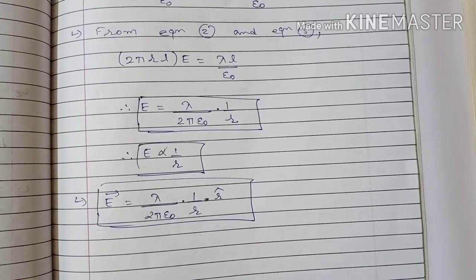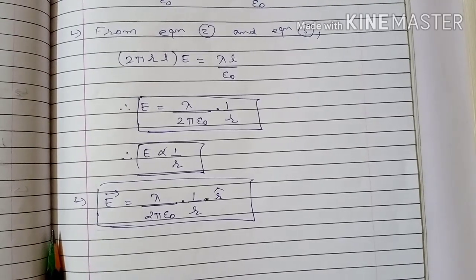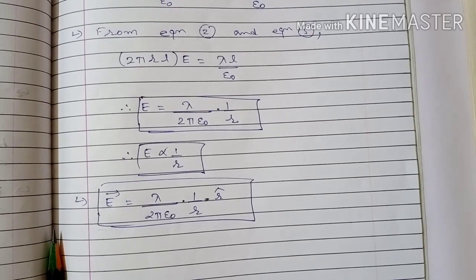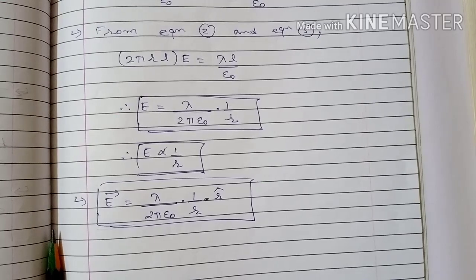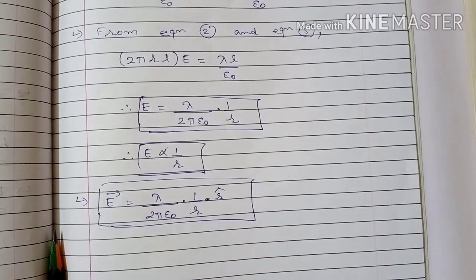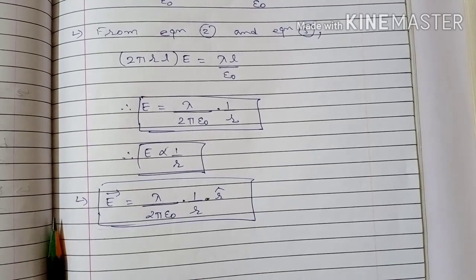This law makes things very easy. We can easily find the electric field when there is a symmetry. For a system which does not have symmetry, Gauss's law is also applicable, but when the symmetry is there, then we can easily find the value of the electric field using Gauss's law. Thank you.